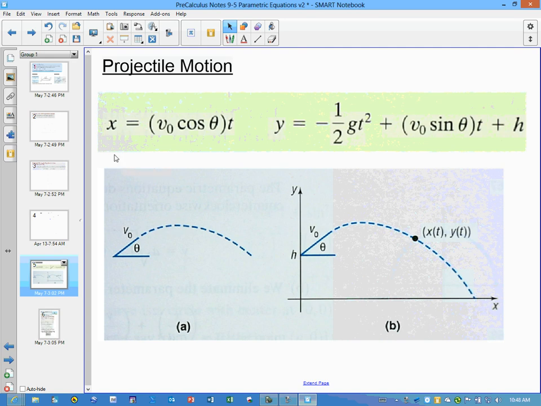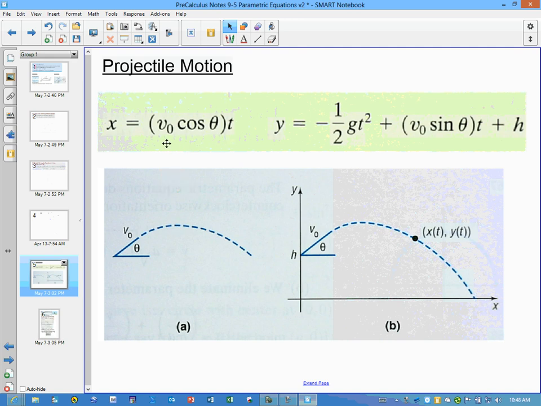So with x being a function of time and y being a function of time, you can tell after a certain amount of time where that object is going to be. So your x equation is, now the v sub 0, that's read as v naught, and then cosine of theta times t. So it's v naught cosine of theta times t.